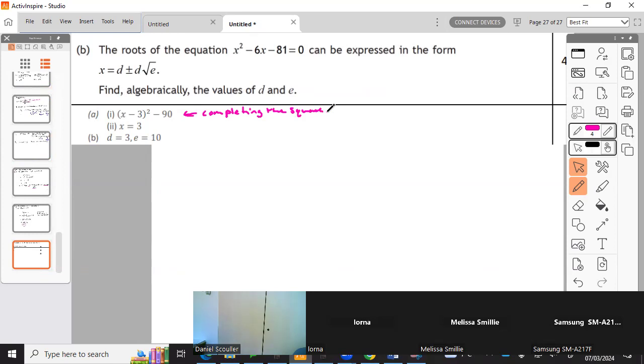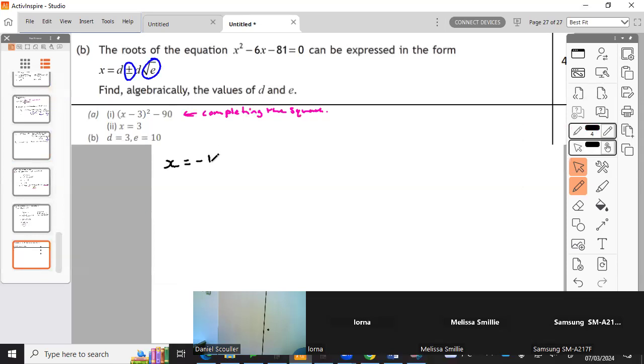Okay, with that quadratic, that second part, my guess is you need to put it into the quadratic formula. So let's just have a wee look at it. Now, why I think that is because you've got that plus and negative there, and you've got a root sign. So let's just throw that into the quadratic formula and see what we get.